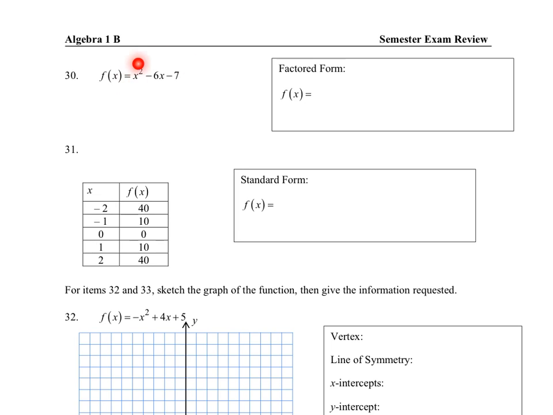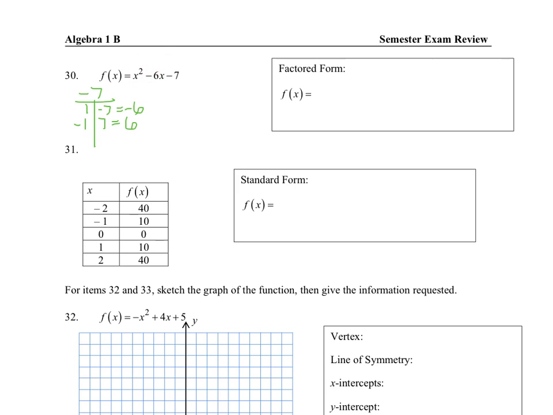Well, when a is 1, we can look at what multiplies to c, which is -7, but adds to b, -6. So the factors of -7, meaning what two numbers multiply to give you -7, are 1 and -7 or -1 and 7. Well, if we add them together, 1 plus -7 is -6, and -1 plus 7 is 6.